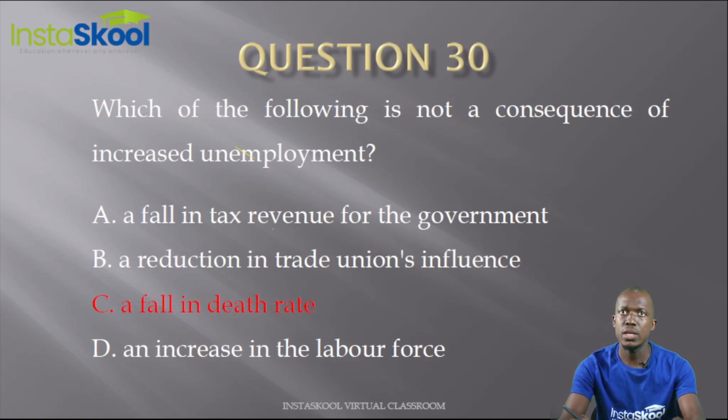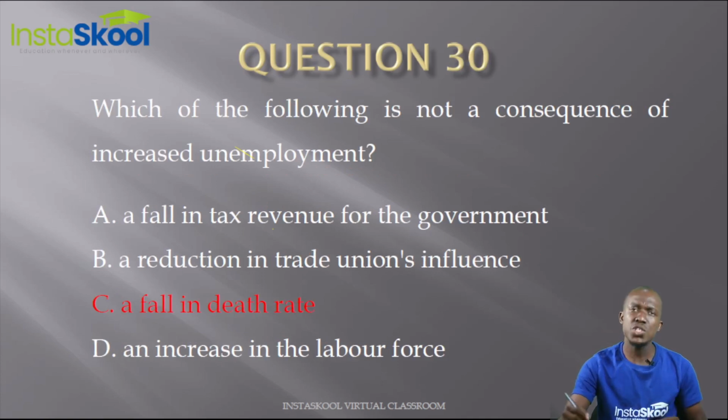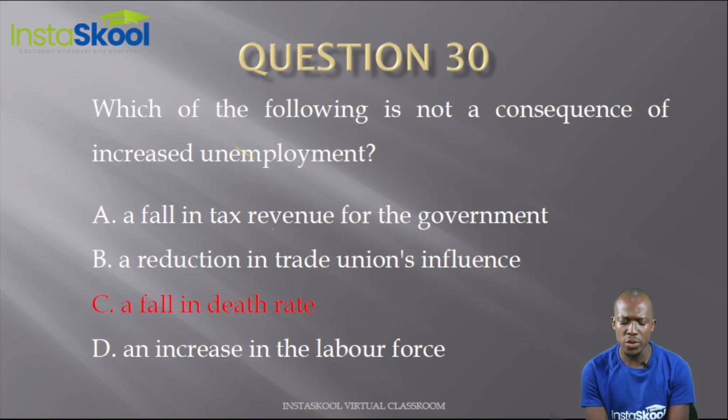Question number 30. Which of the following is not a consequence of increased unemployment? Option A is a fall in tax revenue for the government. Option B says a reduction in trade unions' influence. Option C says a fall in death rates. And option D says an increase in labor force.